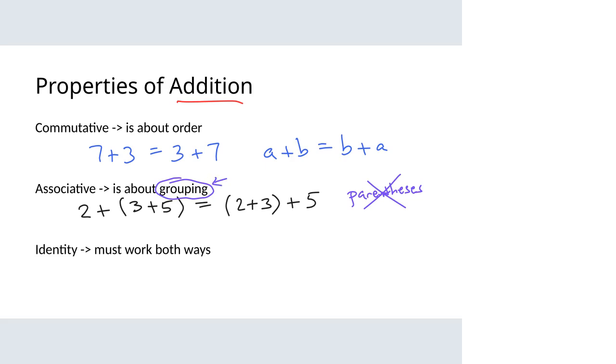Since the grouping changed, that's how we know this is an example of the associative property. And then our general way of writing the associative property is going to be A plus (B plus C) is equal to (A plus B) plus C. We've changed the grouping, but the left and right hand sides of the equation remain equal. That's the associative property.